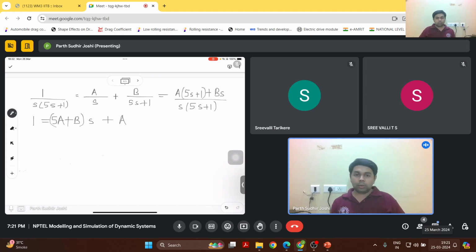On the left hand side we do not have any term of s, so 5A plus B is identically 0 and A is equal to 1. Therefore B is equal to minus 5A, so equal to minus 5.